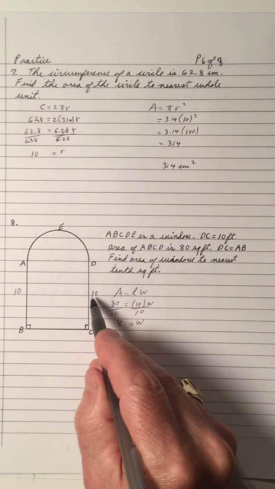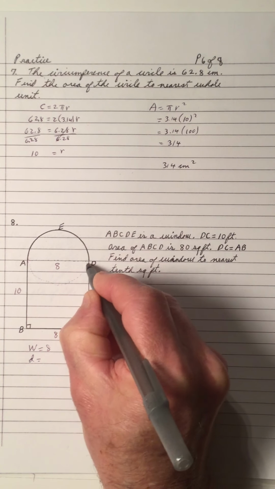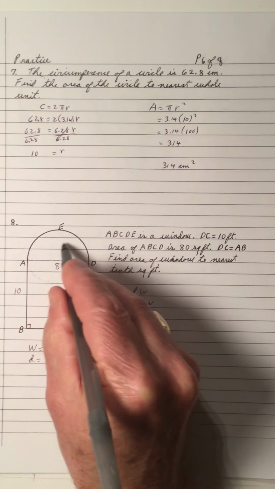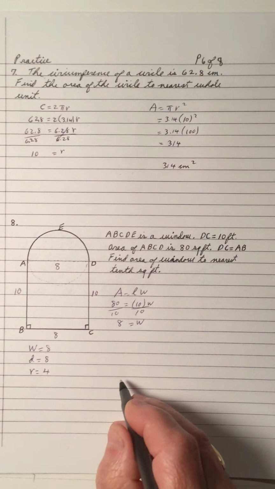I need to get the area of what we call this semicircle, half a circle. The width of the rectangle, which is 8, also happens to be the diameter of my semicircle. If I complete this, you'll see that this is the circle, so this is half the circle. I have a diameter of 8, which means my radius is 4.